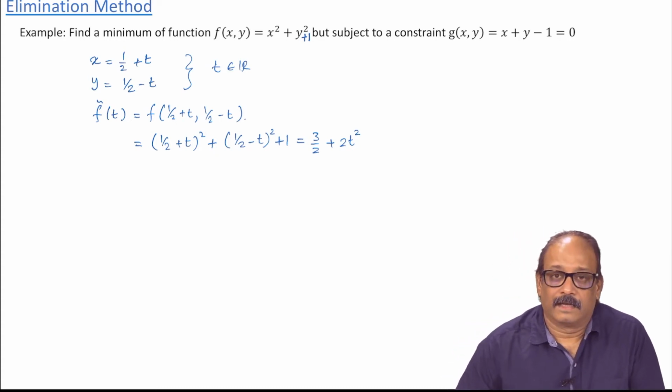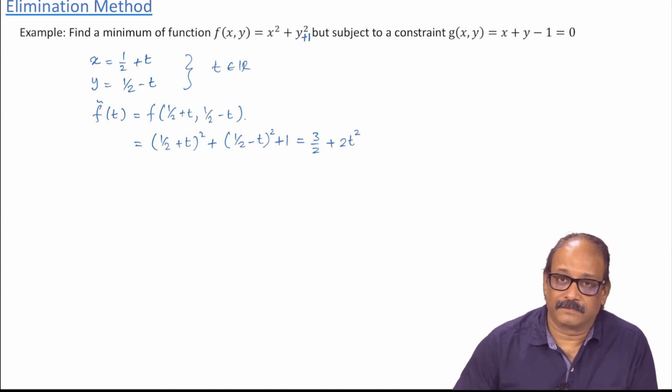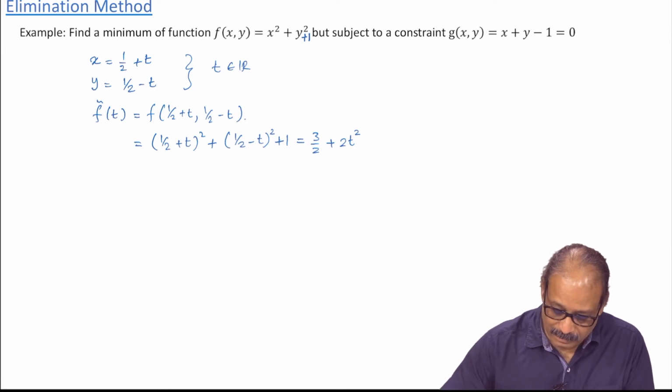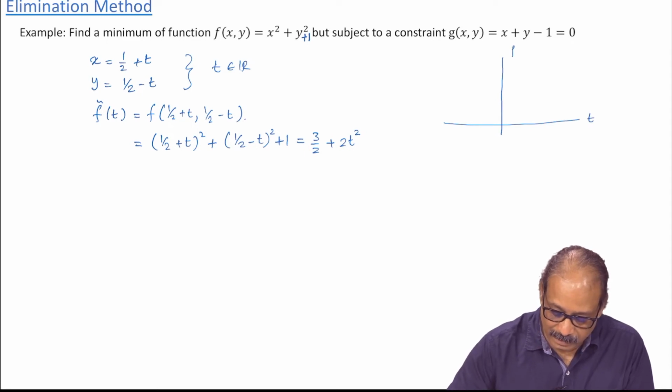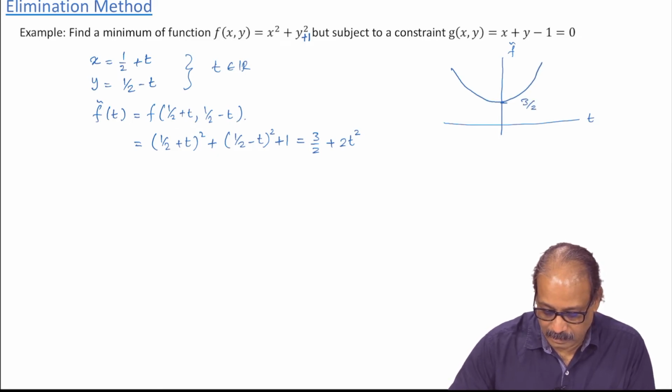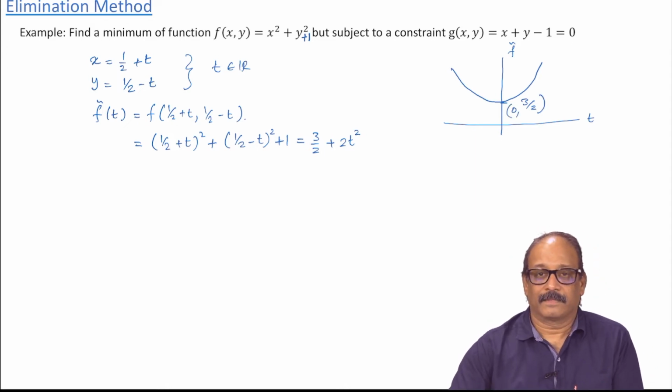Okay. And if I plot this function, you can immediately see, if I plot this as a function of t, then this f tilde is nothing but a parabola passing through 0, 3 by 2 point.